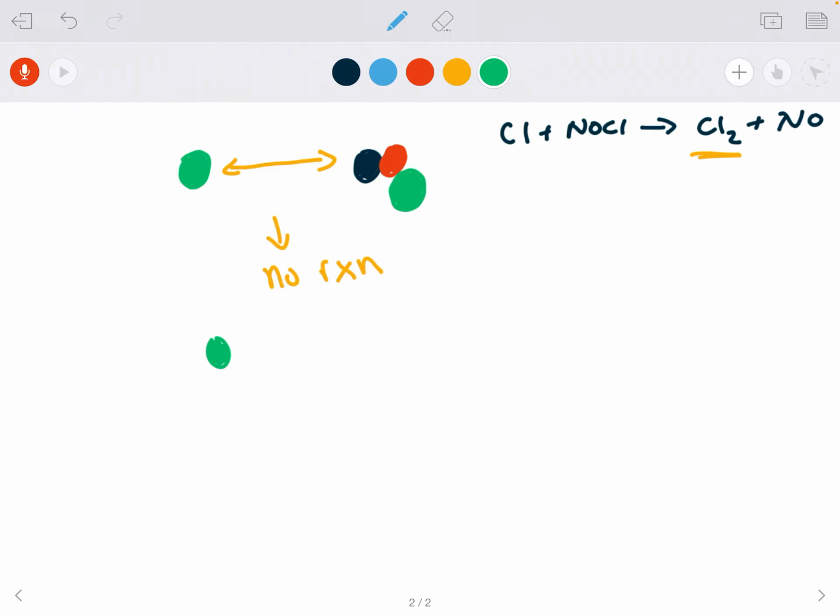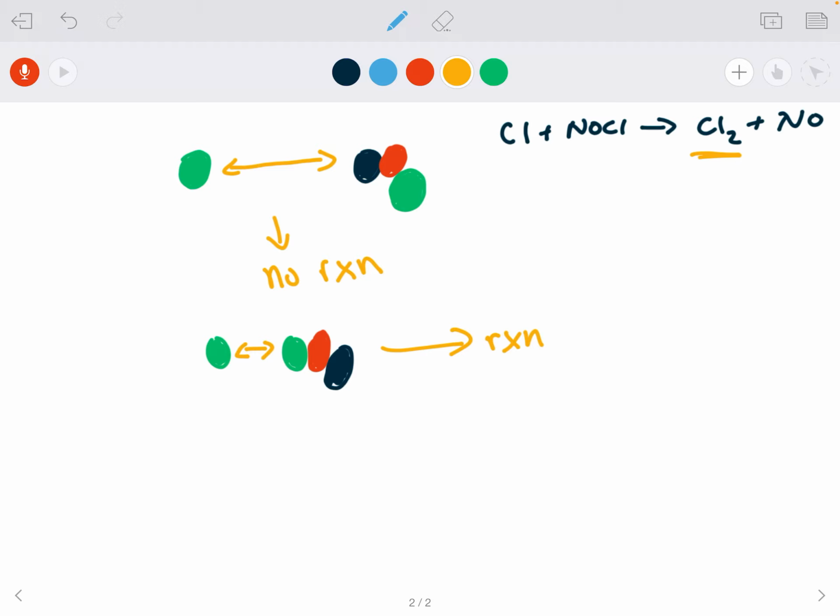Only if you get the chlorine to hit with the other chlorine will this reaction occur. So if I have chlorine to chlorine, then you will have your reaction. So that's something that needs to be considered with the rates as well.